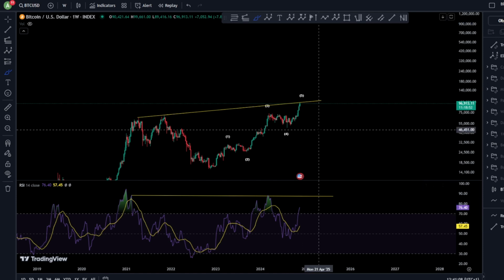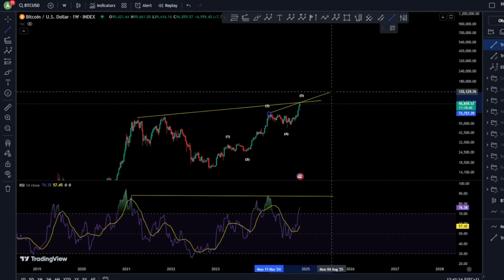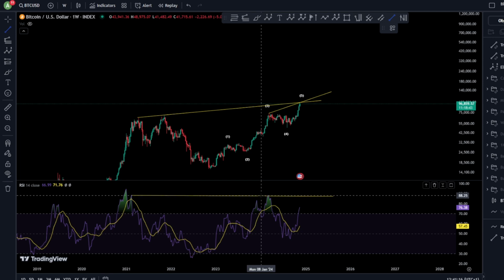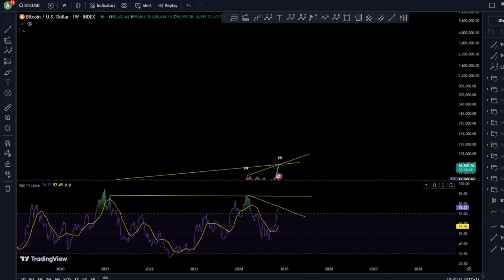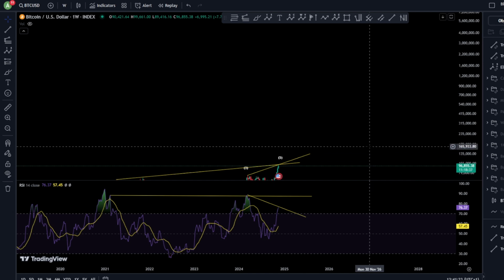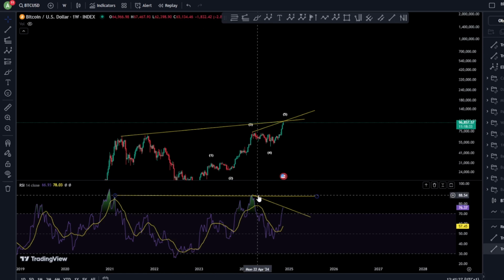Because if you take now the other divergences from here, if we take this one and this one, look, a big divergence from the wave 3. So it's very obvious the RSI on the weekly is saying enough, okay?